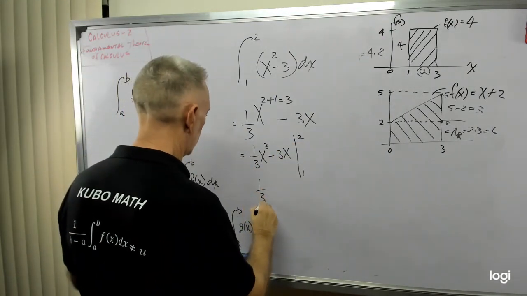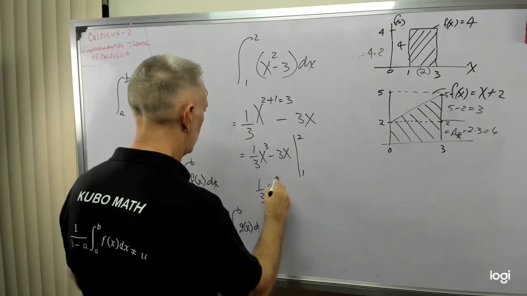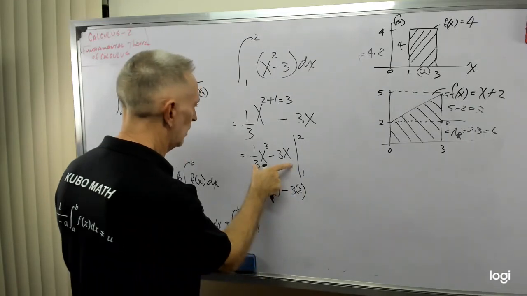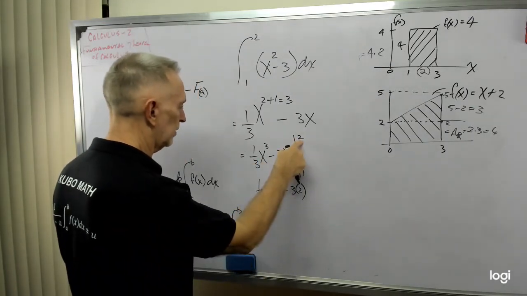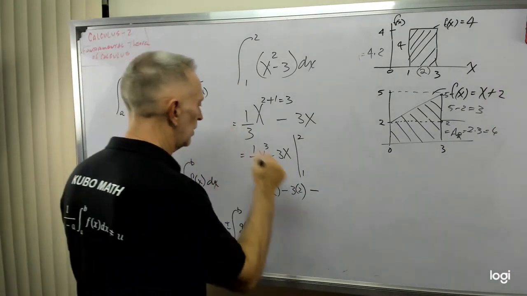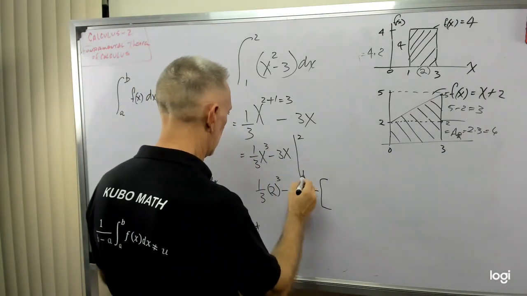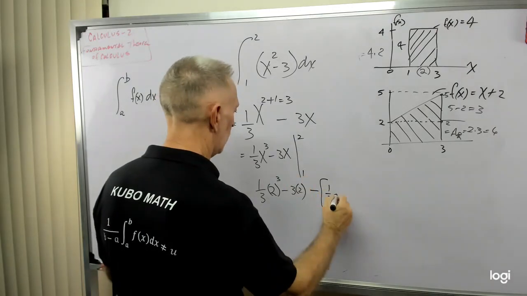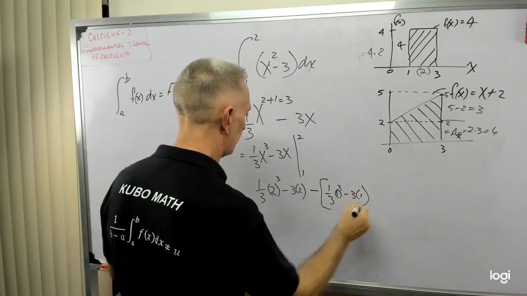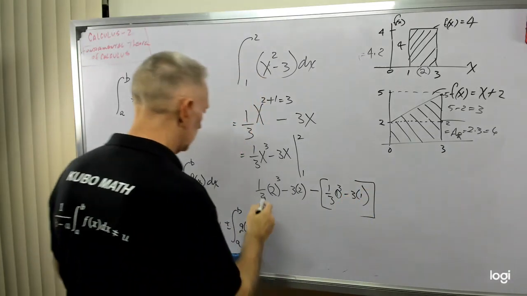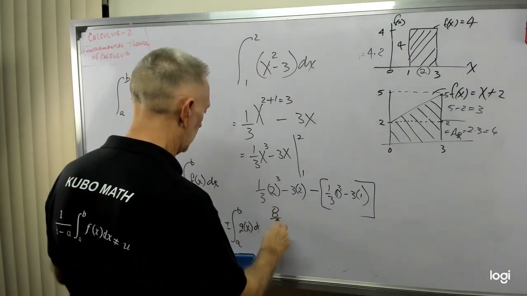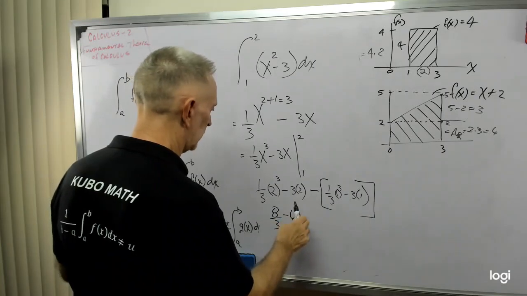So we have 1/3 times 2 cubed minus 3 times 2. So that worked through this section with that limit. Minus, so now we're here, and let's put our limit of a in there. So a is 1, so 1/3 times 1 cubed minus 3 times 1. So 2 cubed, 2 times 2 is 4, times 2 is 8, so I have 8 over 3 minus 6.